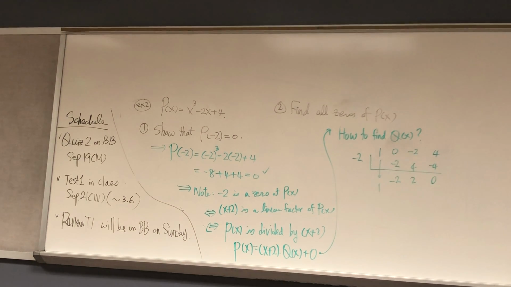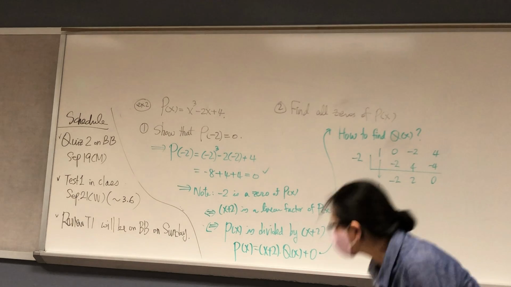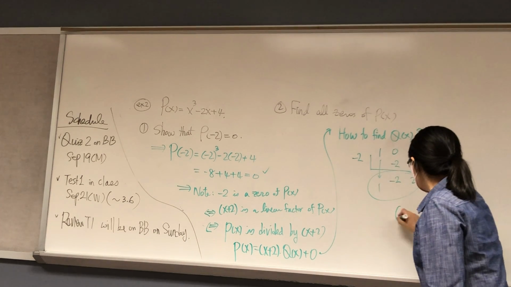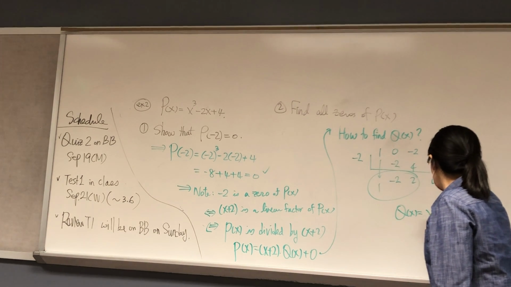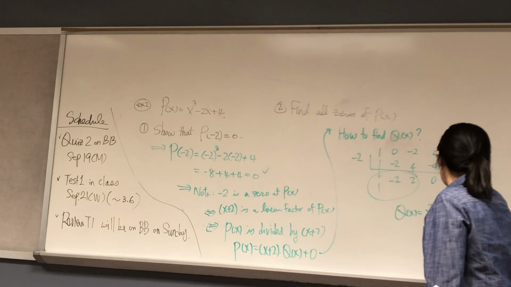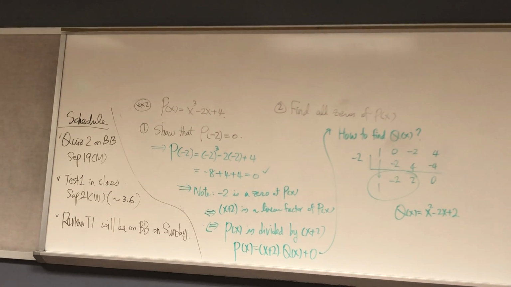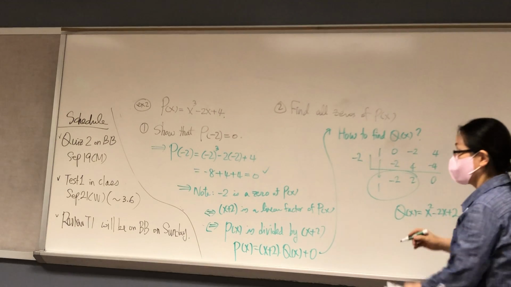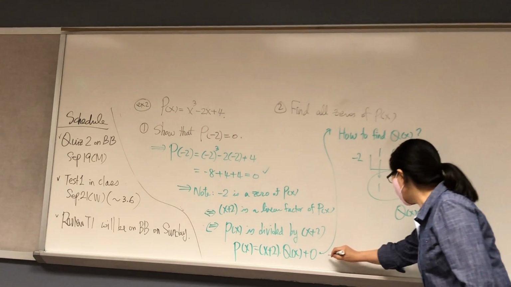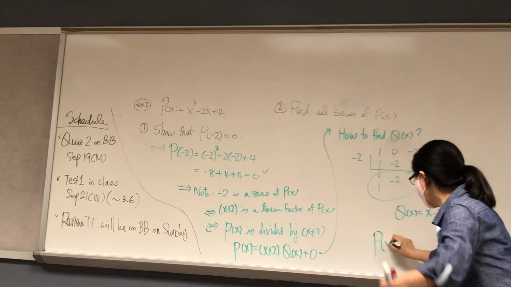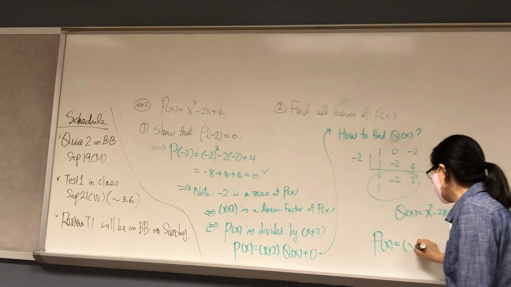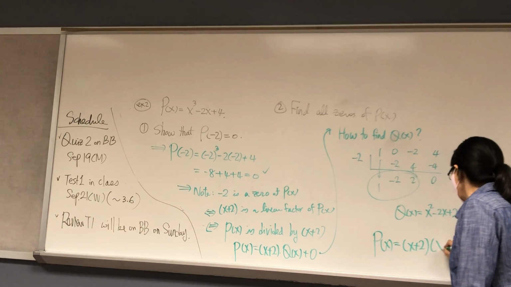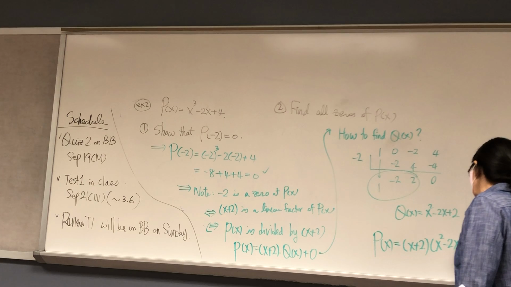This is Q of x: x squared minus 2x plus 2. So what I know so far is P of x is x plus 2 times x squared minus 2x plus 2.